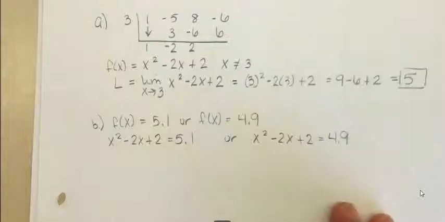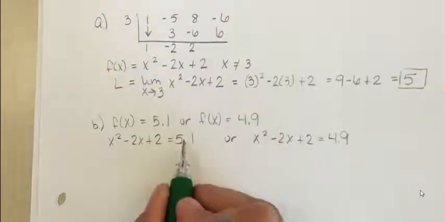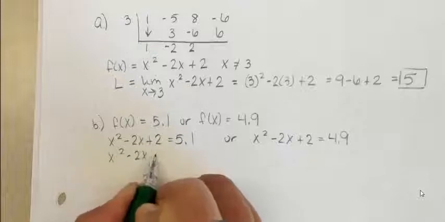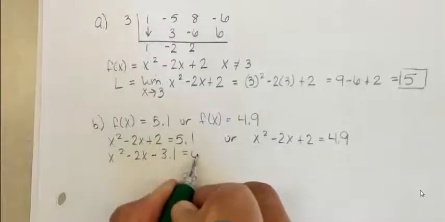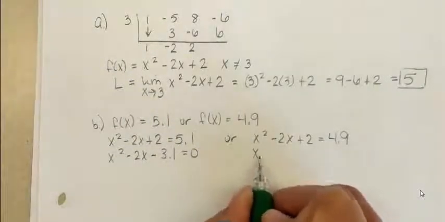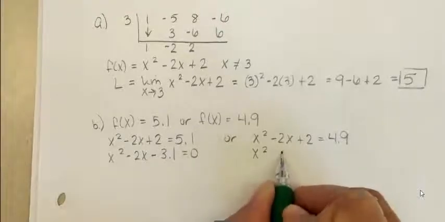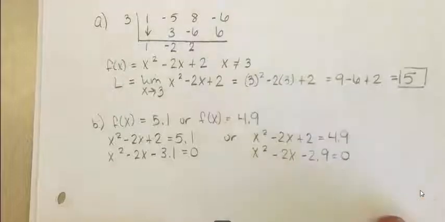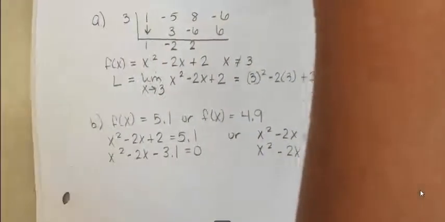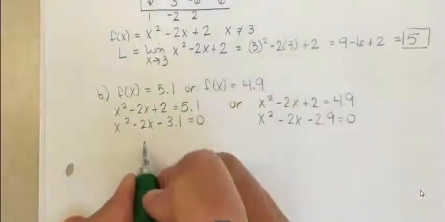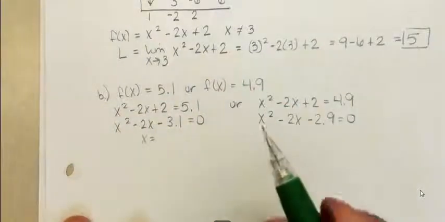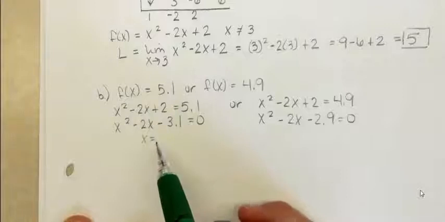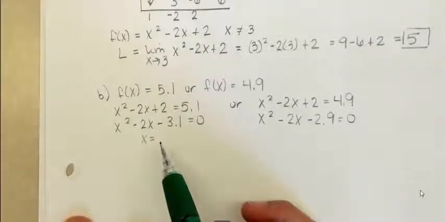And then I can do some simplifying. I can put these things into standard form. And then I can actually use the quadratic formula to find my answers. And these answers have to make sense, right? So they have to be close to 3. You're going to end up with 2 answers here.